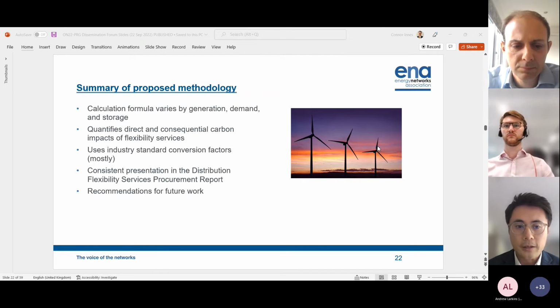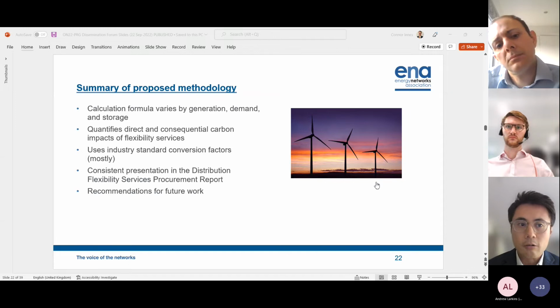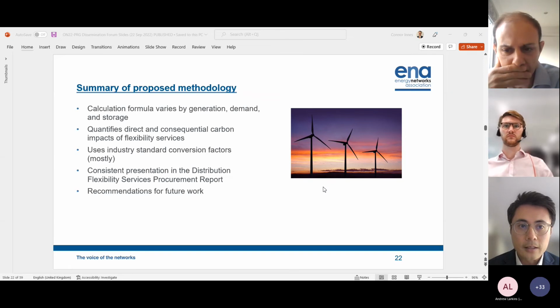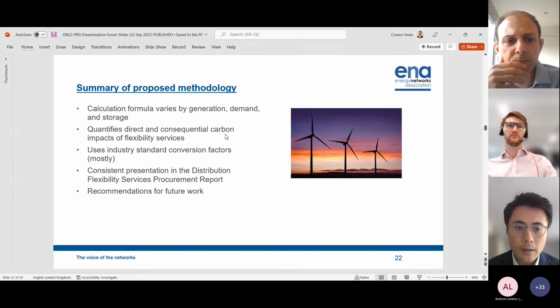The reason we decided to prioritize direct and consequential was because, based on the policy intent, we needed to be comparable with the ESO approach, which currently is direct only carbon calculations, and also the data sets and the assumptions used for calculating direct carbon impacts is readily available and is standard.